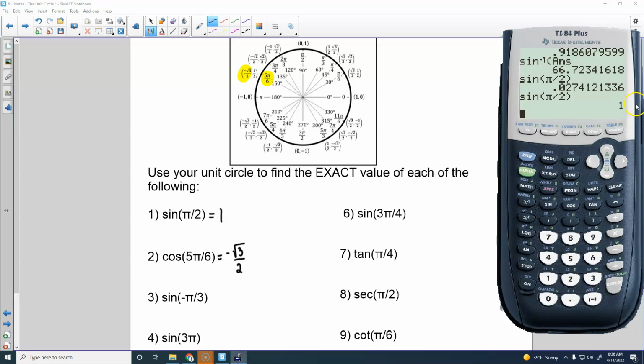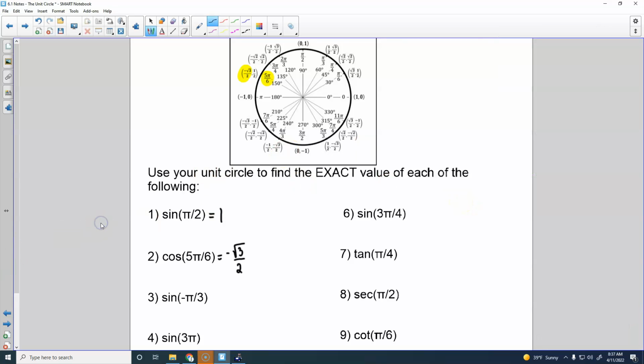Again, just to relate that to what we've already done, if I type in cosine of 5 pi over 6, I get the same decimal as negative square root of 3 over 2. So it's the same as using the calculator.